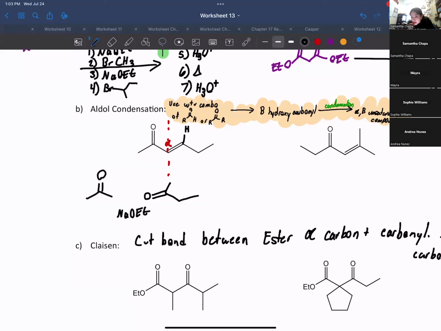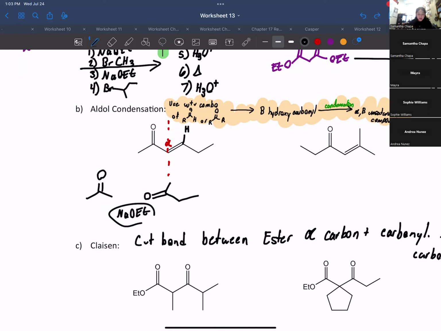Is the second reagent supposed to have an H? No, it won't, because at a point in the aldol condensation where you need to protonate something, it's going to be the conjugate acid of this. So you don't need the acid right now, because along the way it's just going to make it.